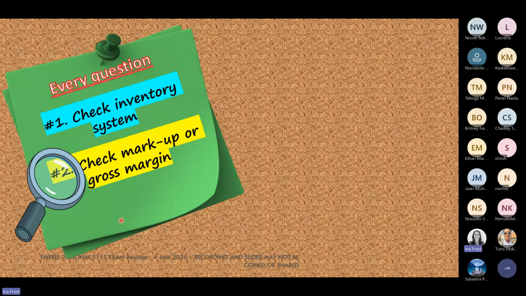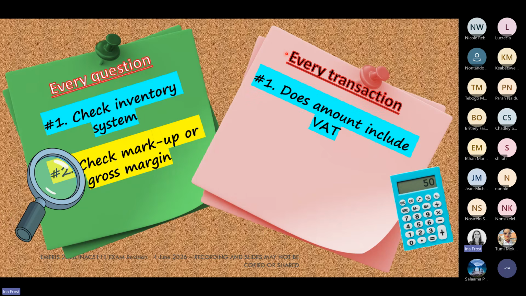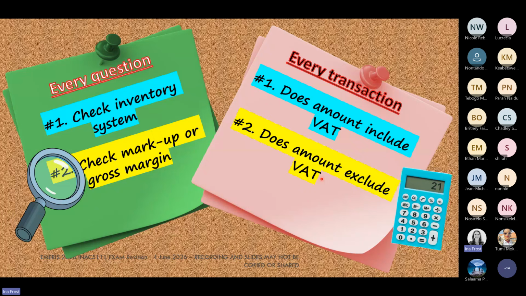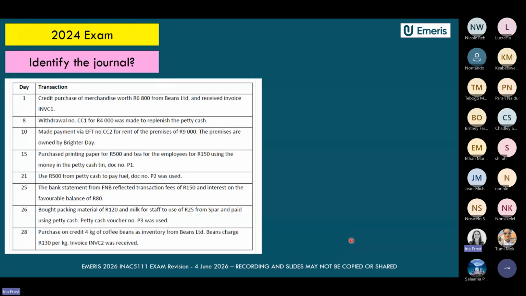This we're going to check for the overall question, and then per individual entry, or per each transaction, you've got to check: is the amount already including VAT, or are they giving me the amount excluding VAT, or is this particular item zero rated, exempt, or non-allowable? And this side of the slide, you have to check for every transaction, because we can mix these up in a particular question.